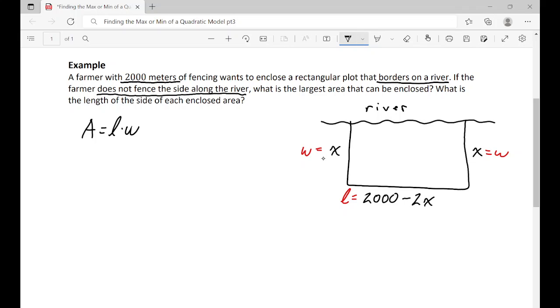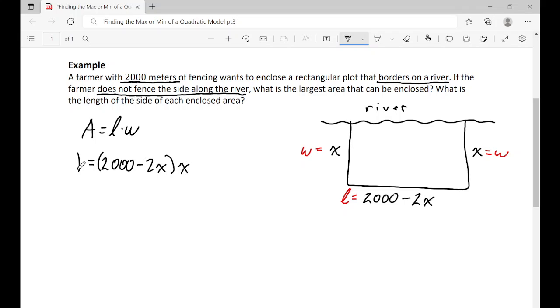So I can just plug my W and L in for W and L here. So my area is going to equal L, which is 2,000 minus 2x, times my width, so parentheses, and my width is just x. So this is my area in terms of x.